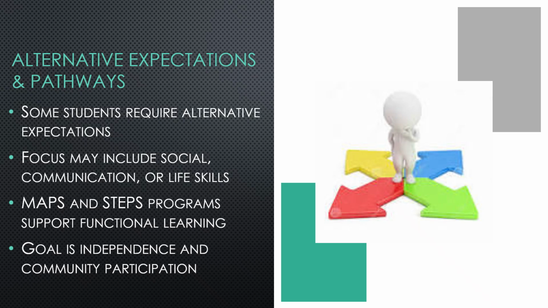Programs such as MAPS and STEPS, like I mentioned previously, help support students whose learning needs are better addressed through alternative programming. These pathways are designed to build independence and prepare students for community participation, employment opportunities, and everyday life skills. For example, students may work on skills such as budgeting, using public transportation, preparing meals, following schedules, communication in workplace settings, or building social relationships.